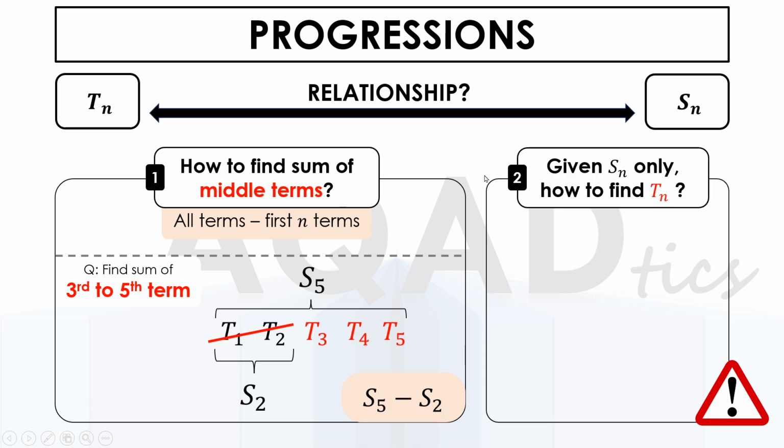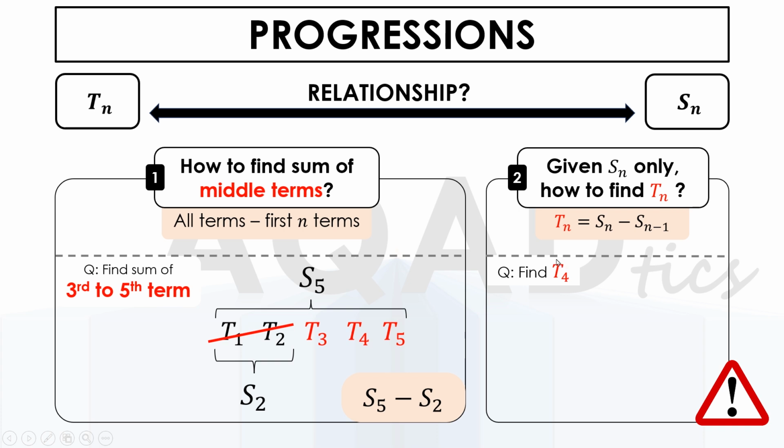And the second case is also quite similar to the first one, right? But this one is given Sn equations only, we need to find Tn. So the technique is to use this formula, but let's understand this formula by going through an example, right? So here we are finding T4, so let's use the same technique as here.